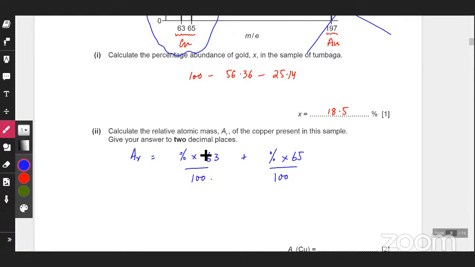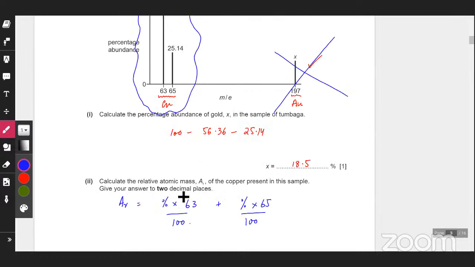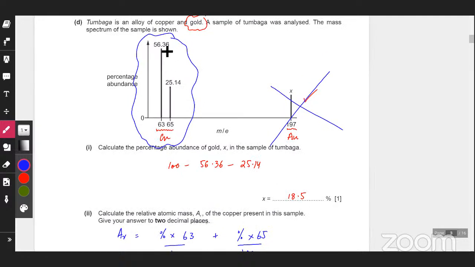So you multiply the percentage by the atomic mass, and that's how you calculate the average of the isotopes. Now 63 is 63. What percentage is 63? It's 56.36%. So out of this sample, 56.36% is copper.